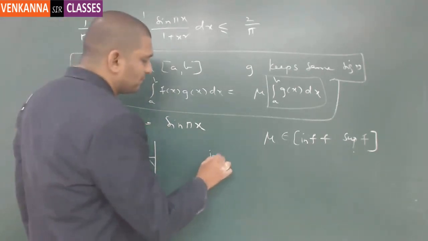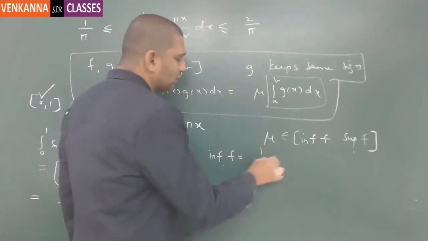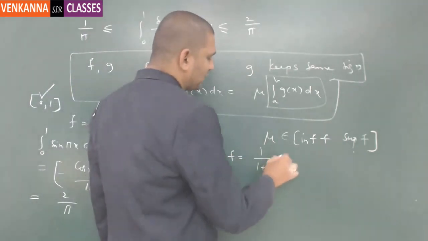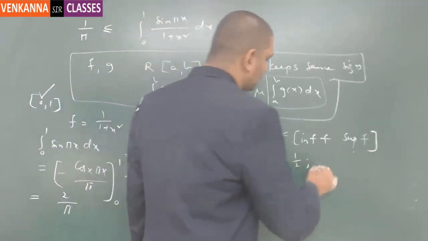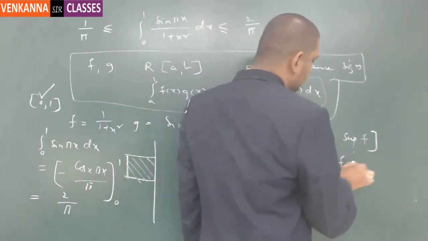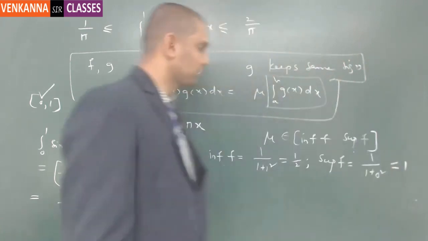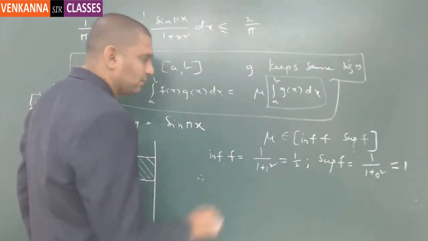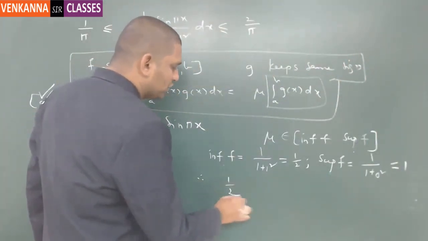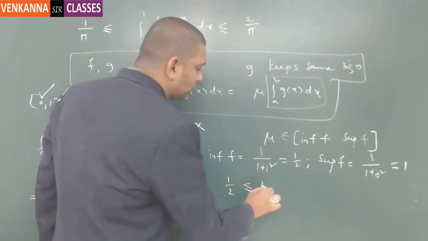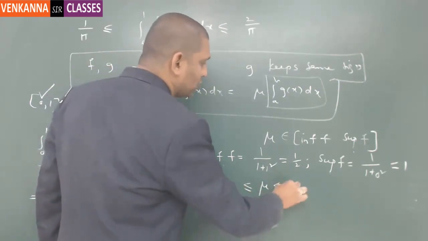So infimum f is equal to 1 by 1 plus 1 square, which is 1 by 2. Supremum f is equal to 1 by 1 plus 0 square, which is 1. Therefore, 1 by 2 is less than or equal to mu is less than or equal to 1.